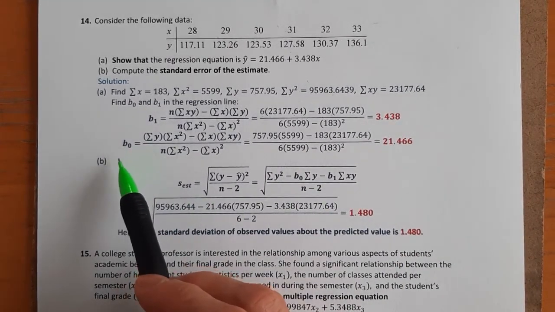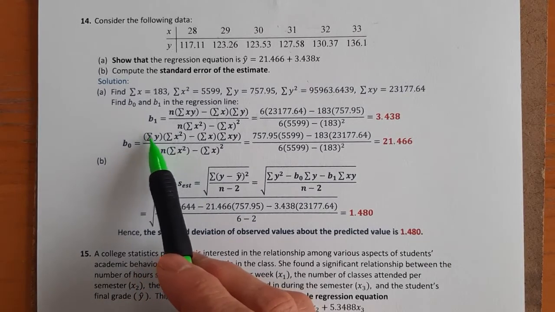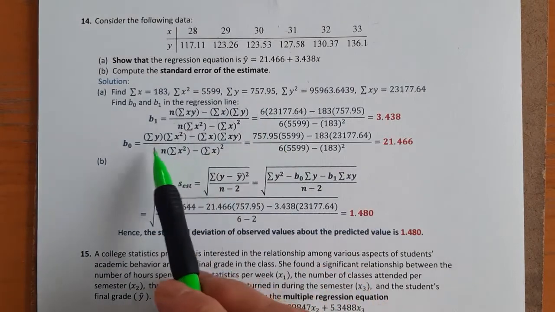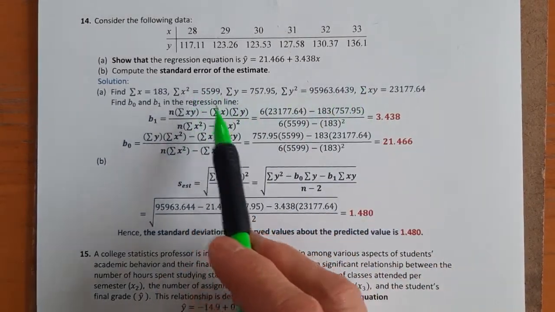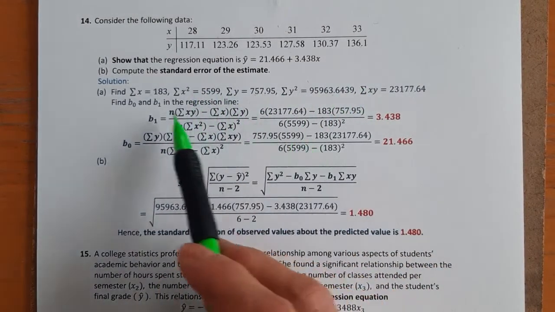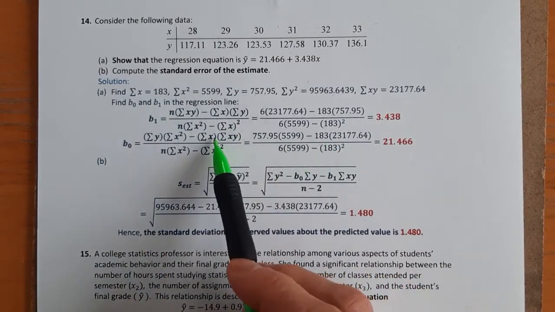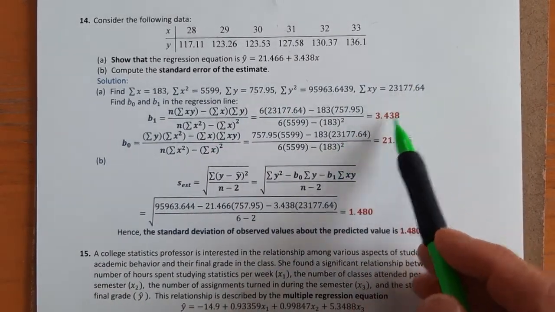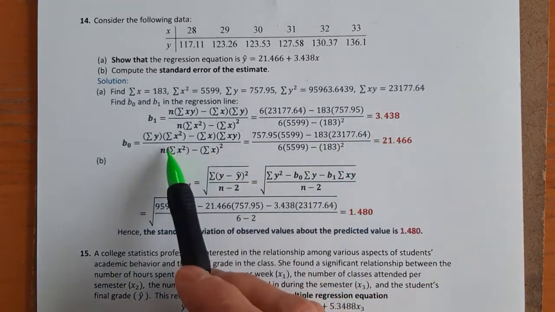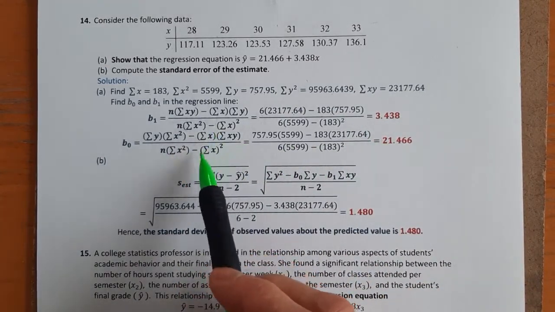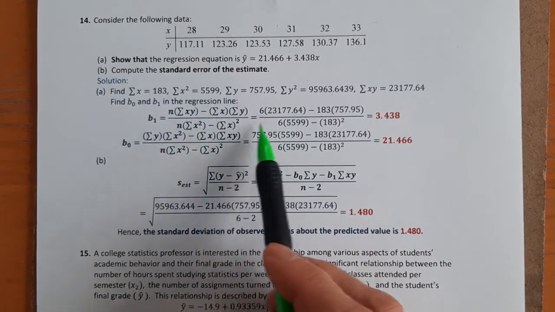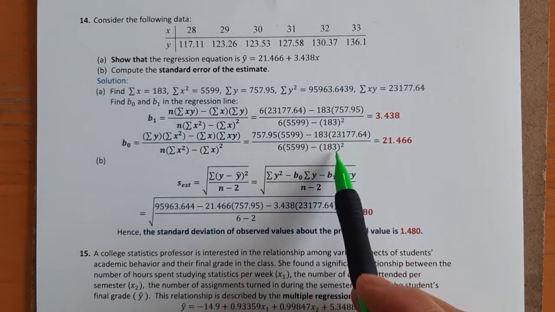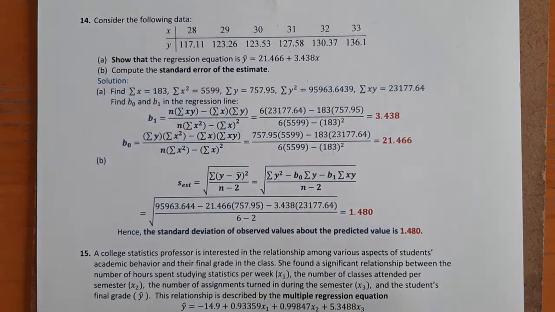b0 is the y-intercept. Using the formula, plug in summation of y 757.95 times summation of x squared 5599, minus summation x 183 times summation of xy 23177.64, over n, which is 6, times summation of x squared 5599 minus summation of x squared. It is the same denominator.